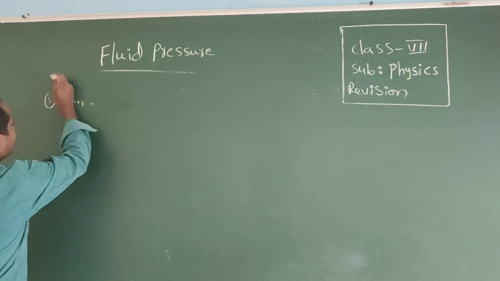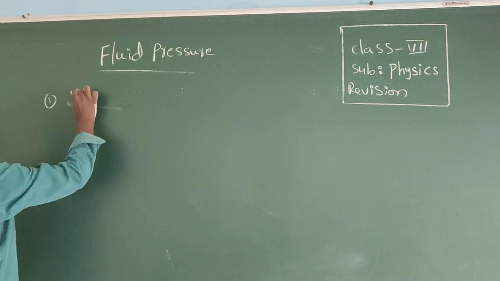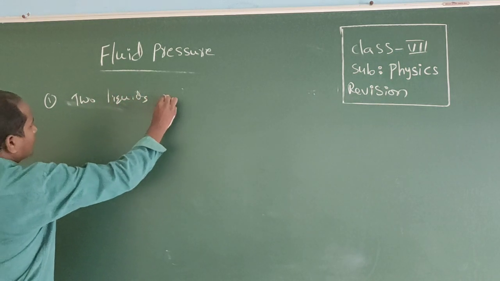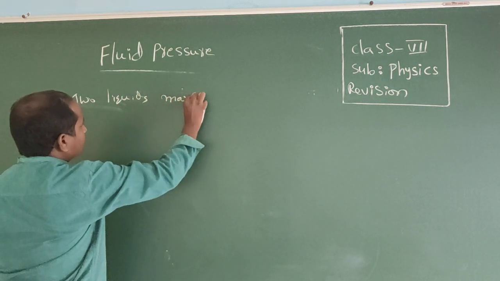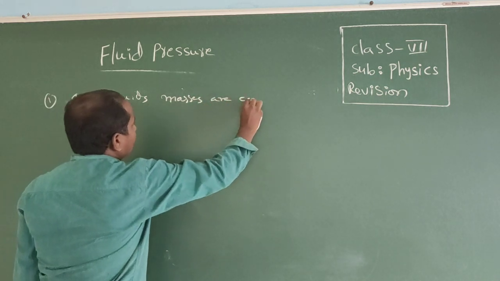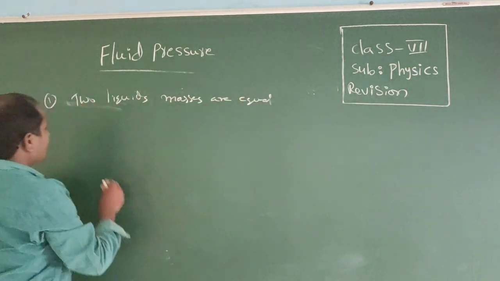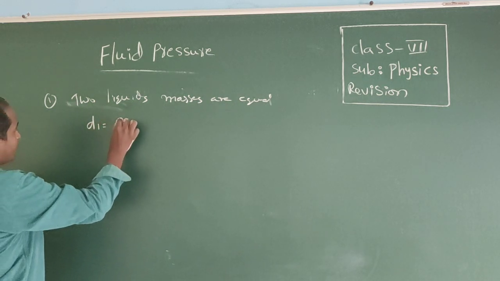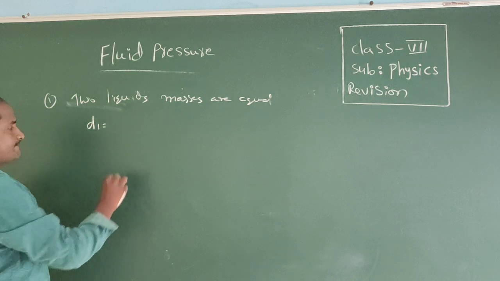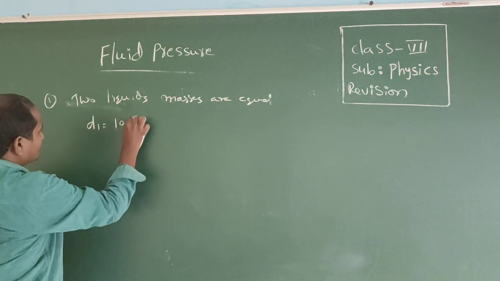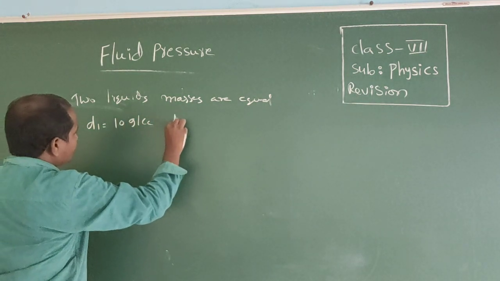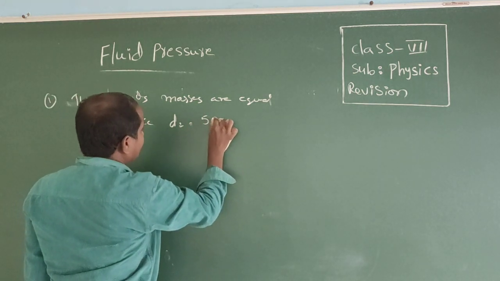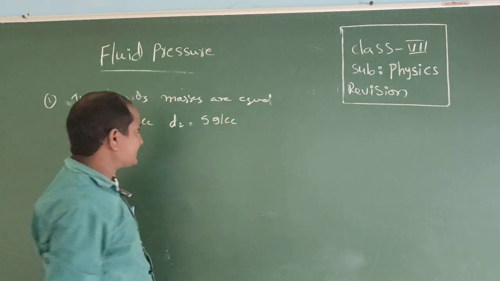D1, the density of the first liquid, equals, for example, 10 gram per cc, and D2 equals 5 gram per cc. Then find the density of the mixture.